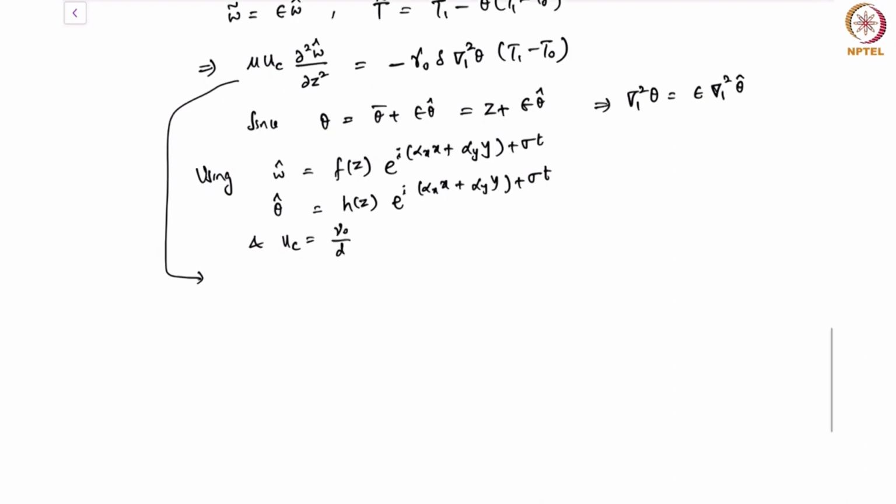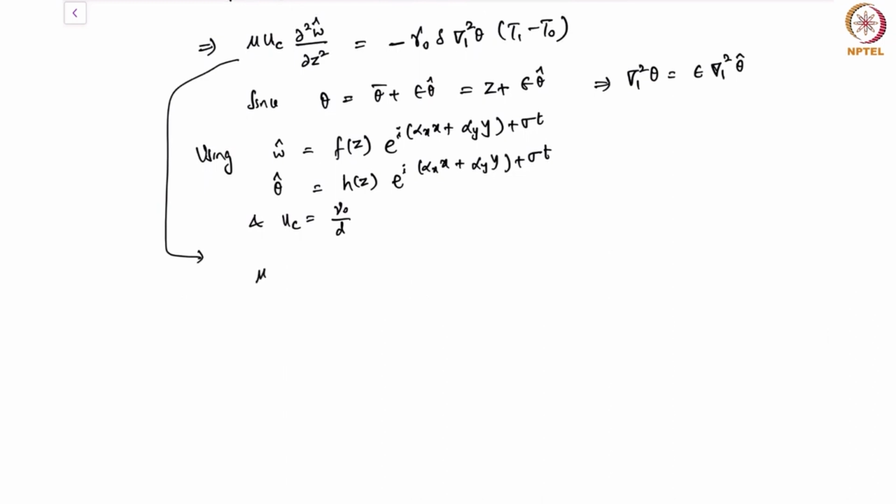If we substitute everything together, what we have is mu d square f by dz square will be gamma naught delta alpha square of h into T1 minus T naught divided by uc.